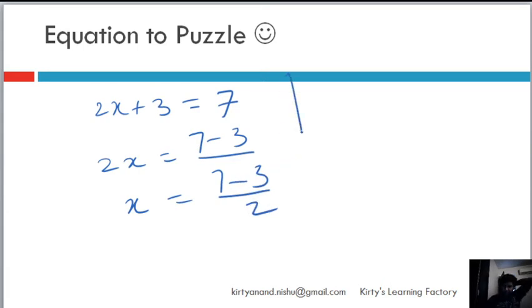If I were to make a statement out of it, I could say x is the money which I have, and 7 is the money which my friend has. So I can tell my friend that you have 3 more than twice of what I have, right?